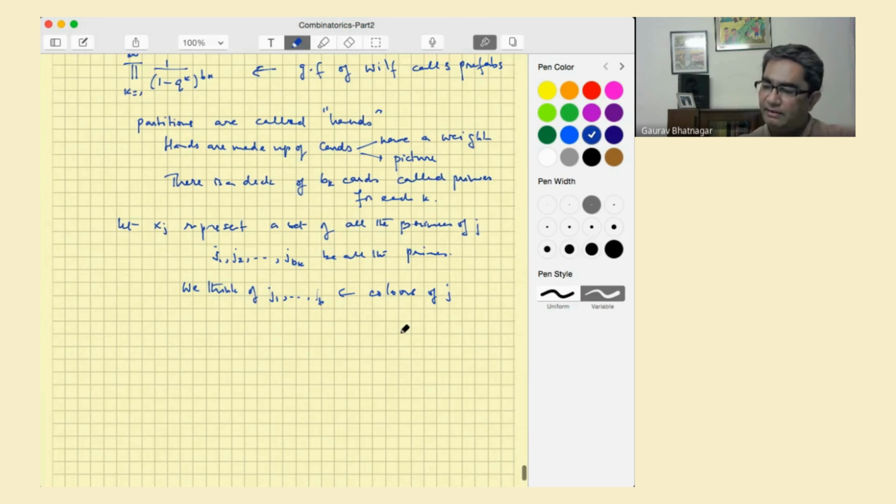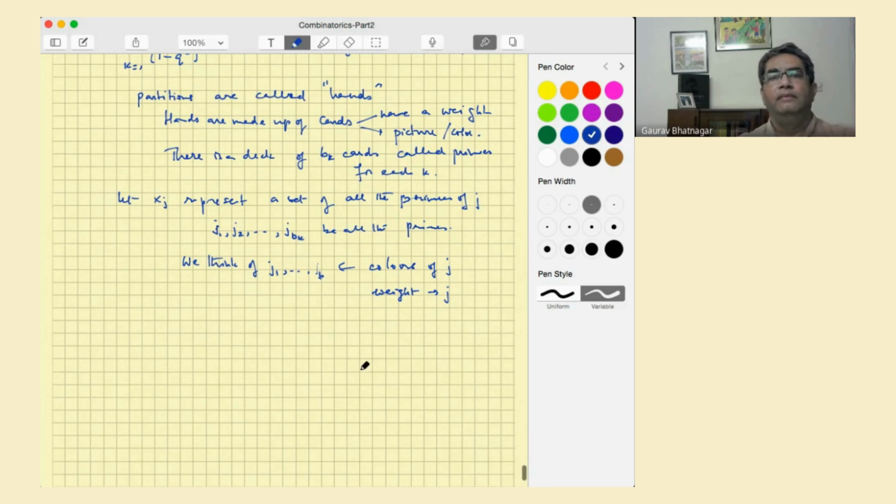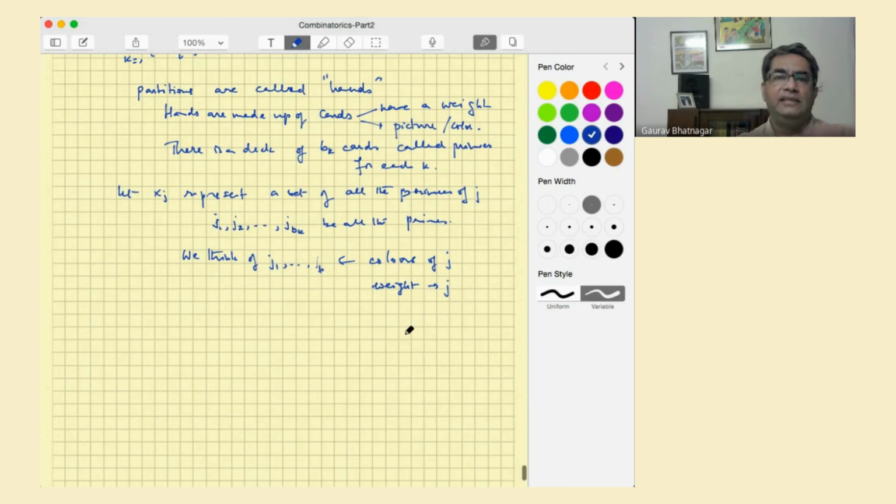So the weight stays the same, and this picture is basically associated with colors. This picture is essentially a color. Okay, and these colors are allowed from this bk. So there are bk kinds of colors. I've written b, but what I mean is bk.